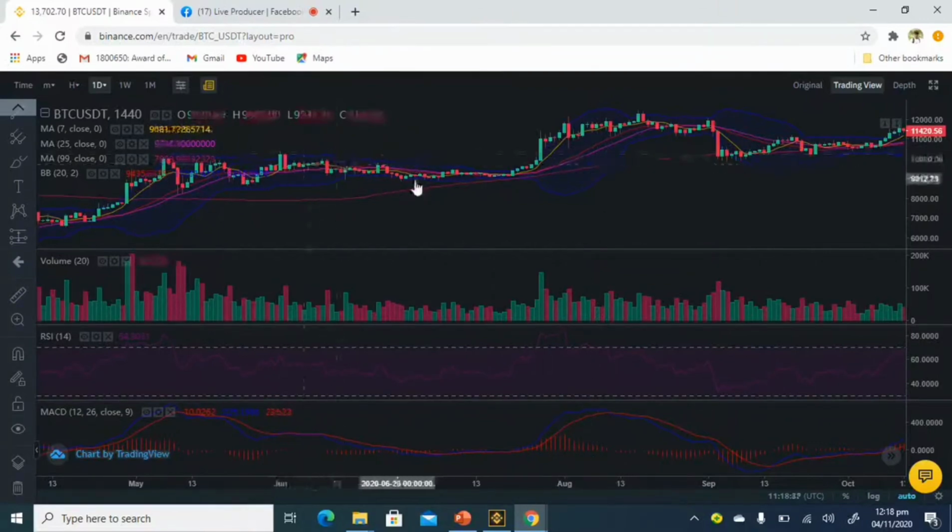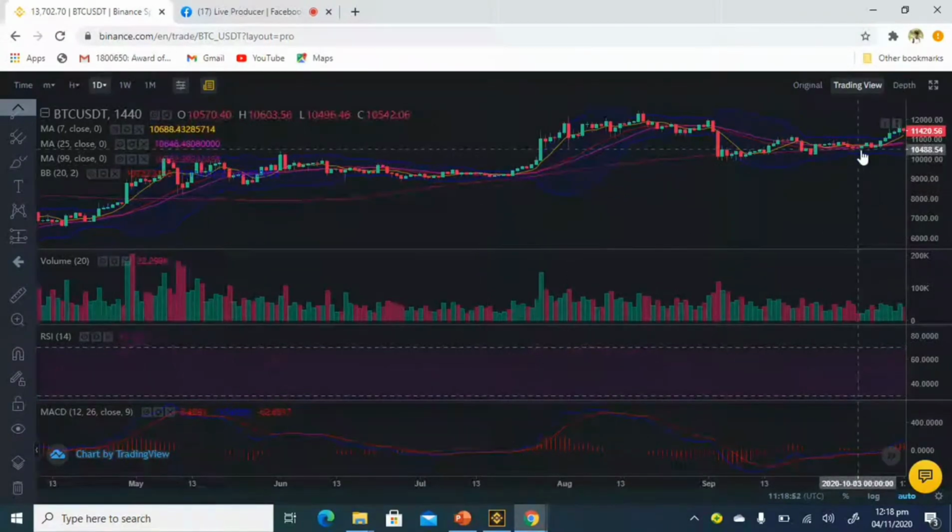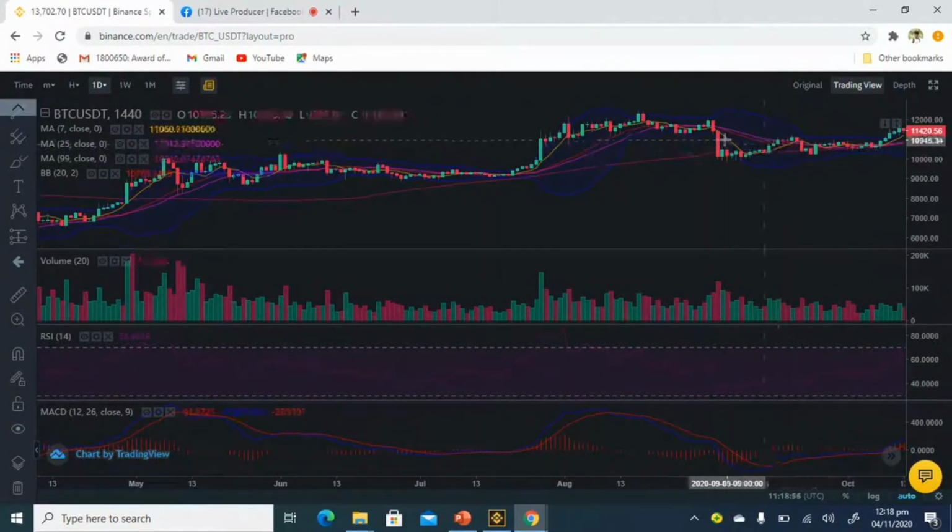And this upper band is trying to give you an idea of the resistance points. I have to explain what resistance and support are all about. This upper band gives you an idea of a resistance point, while the lower band gives you an idea of the support points. The middle line between the upper band and the lower band is just a simple average of the upper and lower bands.